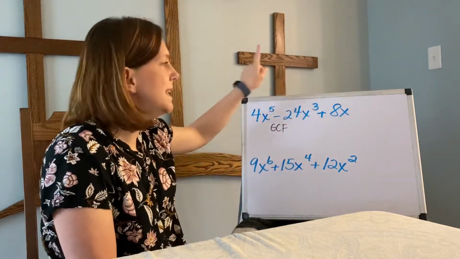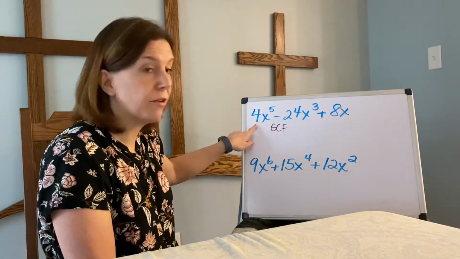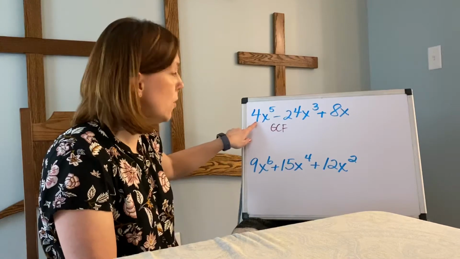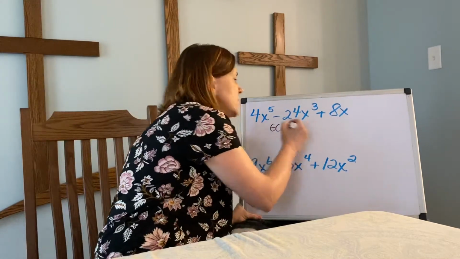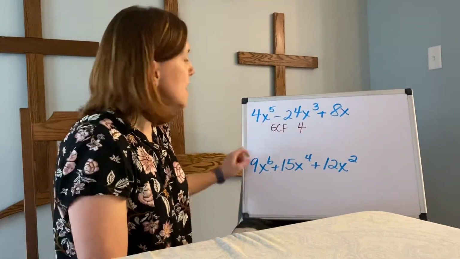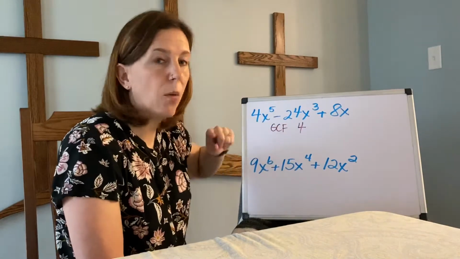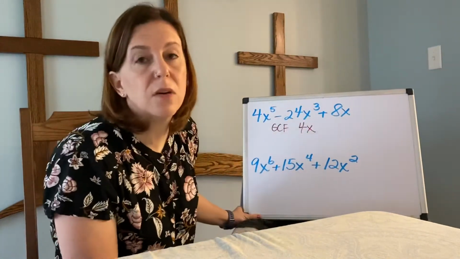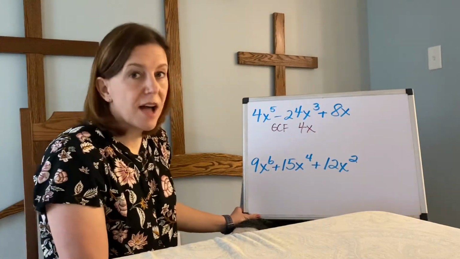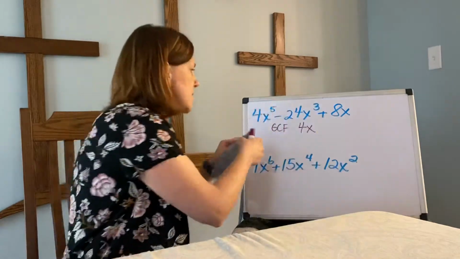I know that it will never be greater than my smallest number. But if I look at 4, I see that 4 goes into 4, goes into 24, and it goes into 8. So I know my greatest common factor is going to have a 4 in it. Then I look at my x's, and I take the lowest power. In this case, this x to the first power is the lowest one. So once I find the greatest common factor, I'm actually going to go ahead and erase this.